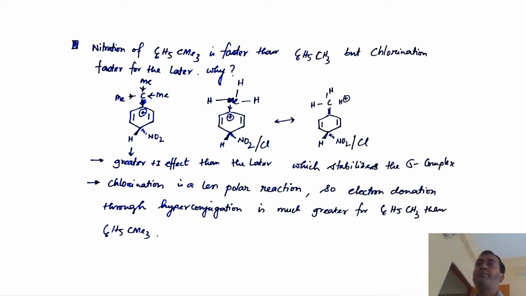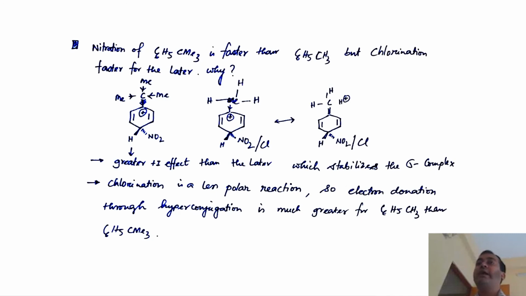Why is that true? Well, if we consider the plus I effect only, then definitely CMe3 has a stronger plus I effect because it has three methyl groups, which can stabilize this positive charge more than only toluene.